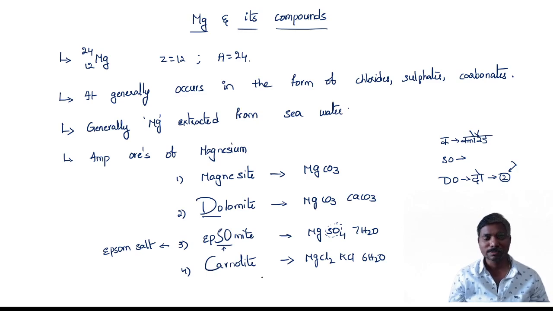Okay. And where are we using this magnesium? This magnesium is generally used in fireworks and also in making flashlights. And its compounds are useful in so many applications.